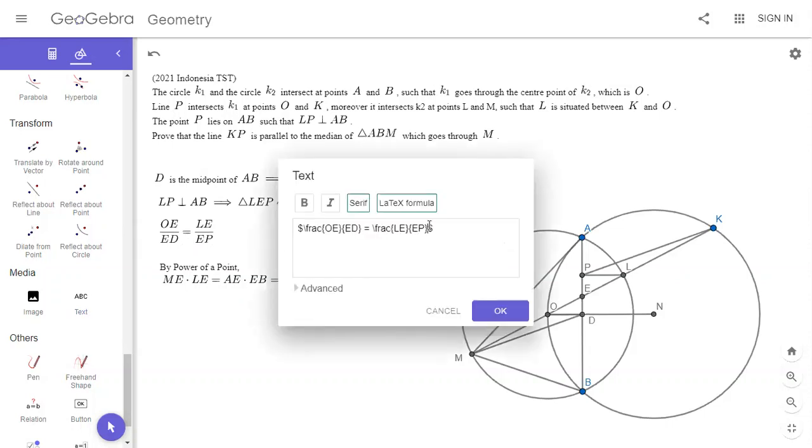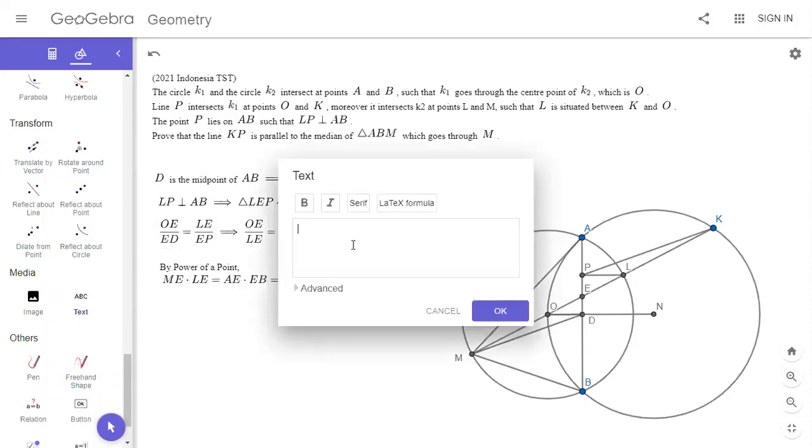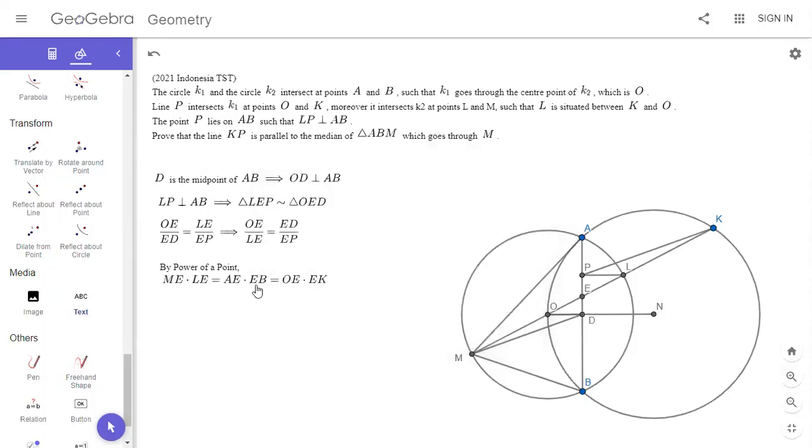Let me rewrite the equation above. So we have OE over LE is equal to ED over EP. I could have just written it like this originally. So then this equation says that OE over LE is ME over EK.